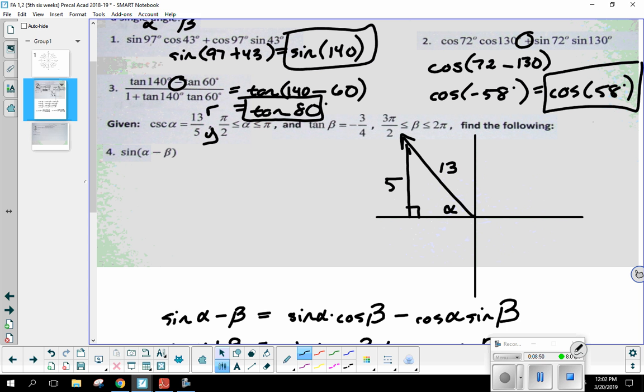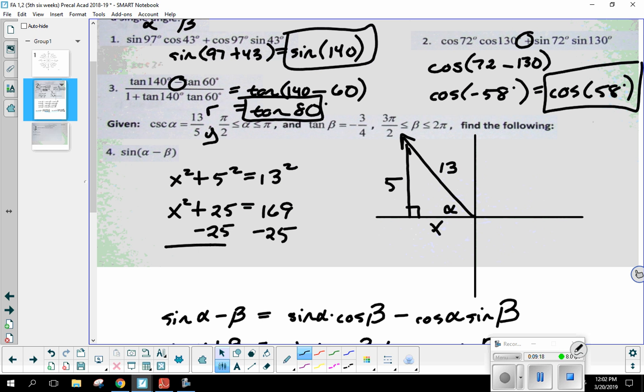Well, how am I going to figure out the base? How did we do it in the past? Pythagorean theorem. So with the Pythagorean theorem, I'm going to take the sum of the squares of the two legs. So x squared plus 5 squared equals 13 squared. So x squared plus 25 is equal to 169. Subtract that 25.